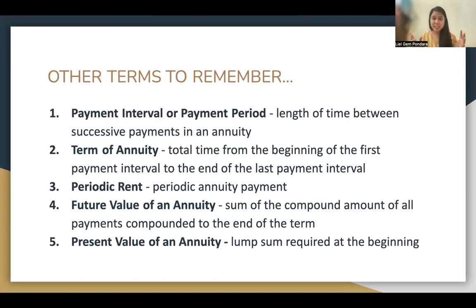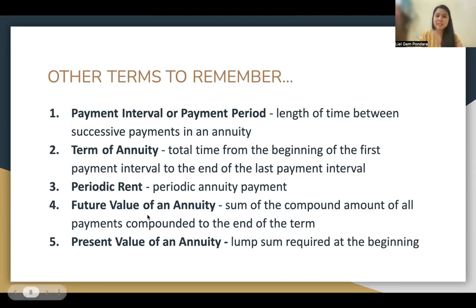That 2 years is called the term of annuity. How much will you pay? I'll pay $999 for my Globe Telecom bill. So that $999 is called periodic rent, or in some books, it's called payment, periodic payment, or regular payment.